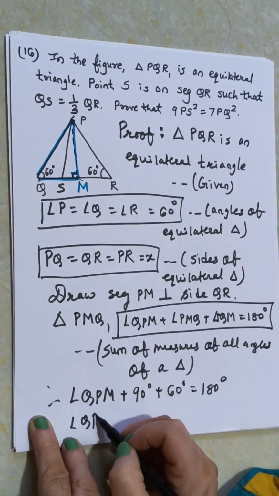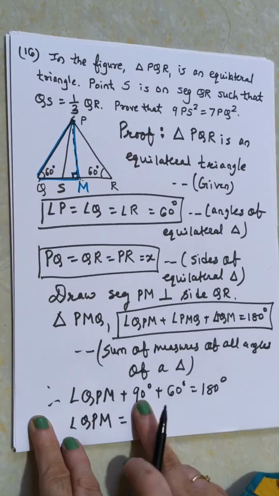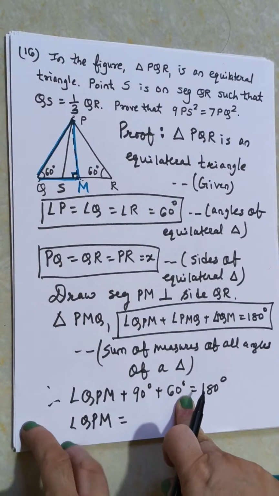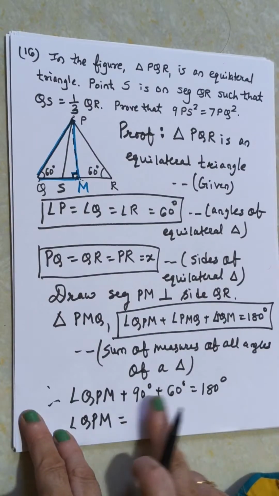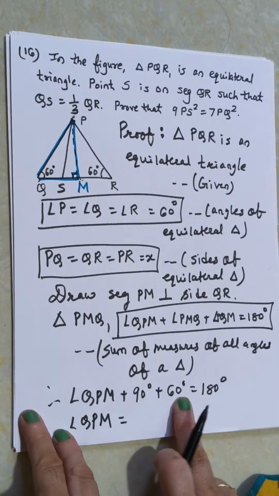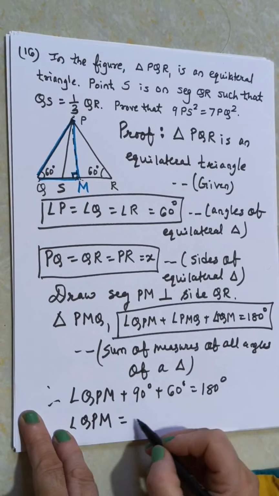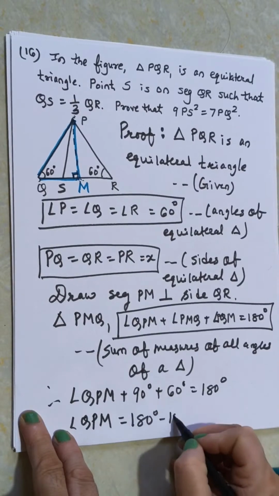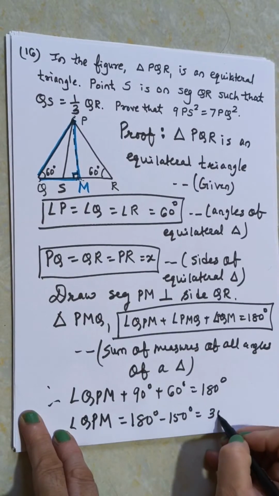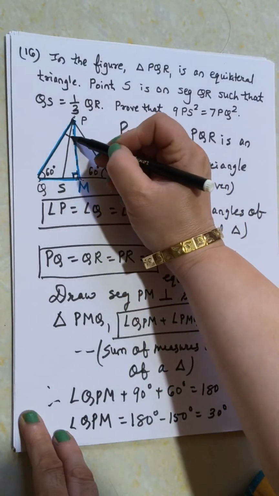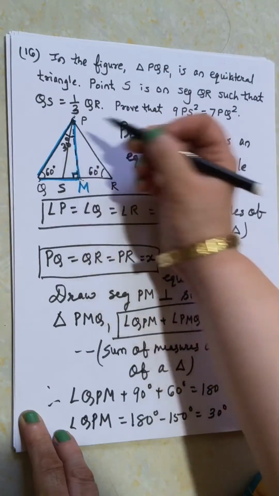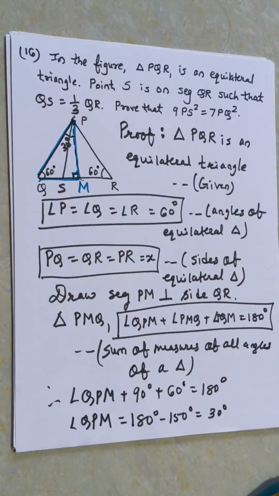Angle QPM is equal to, 90 plus 60, it is 150, and if 150 goes to the right hand side, it will be negative 150. So 180 degree minus 150 degree, that is 30 degree. So what is this angle? It is 30 degree. So here everybody understood till here? Yes, Shrutika. Hi Lakshmi.